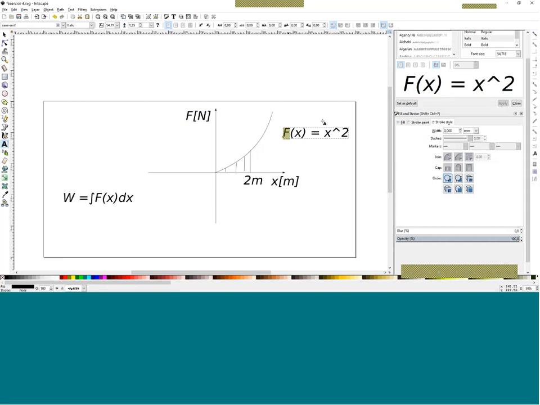It's of course the function f that is our y, dependent on x, and we know that it is equal to x squared. There we go.